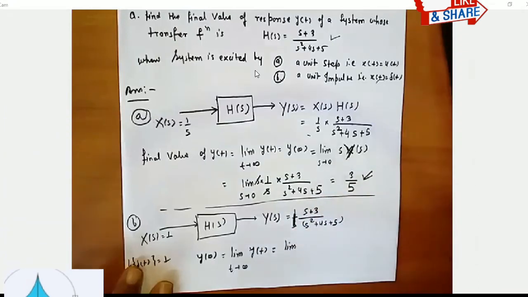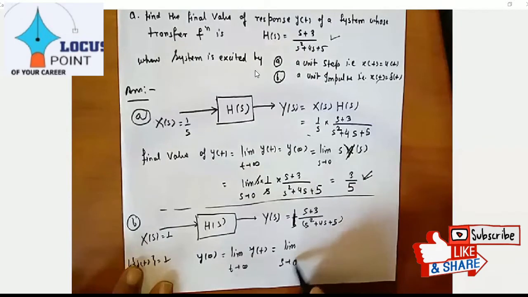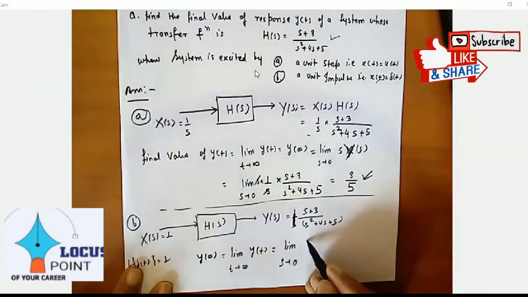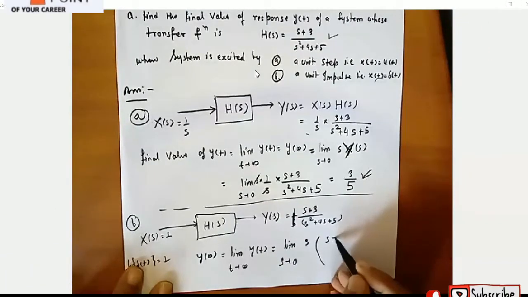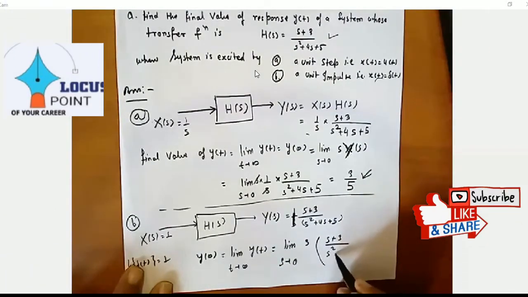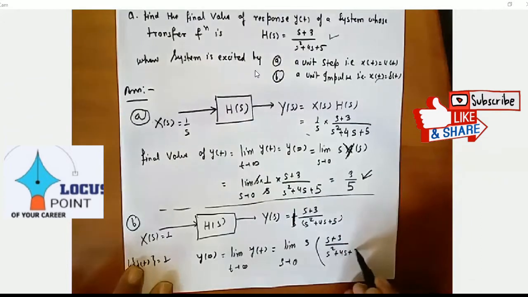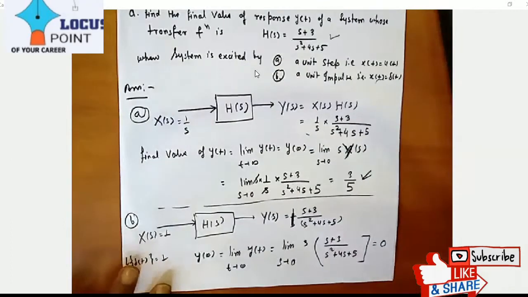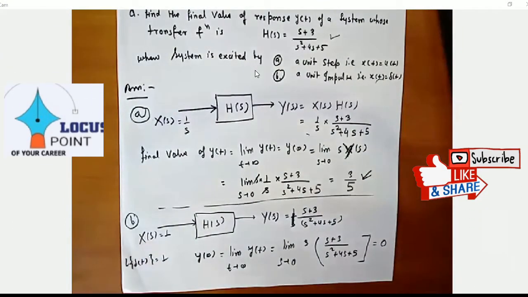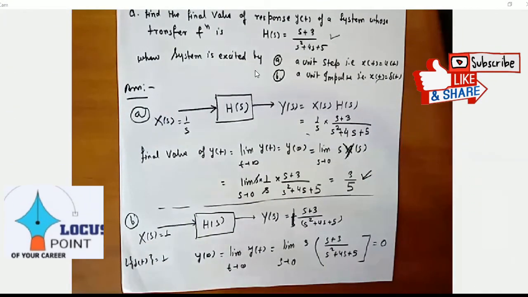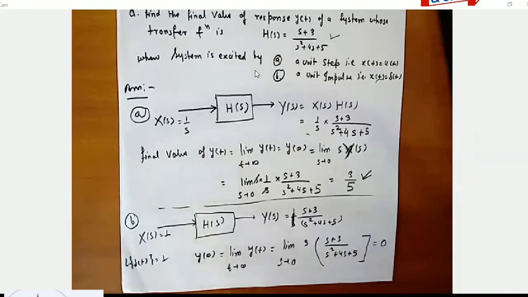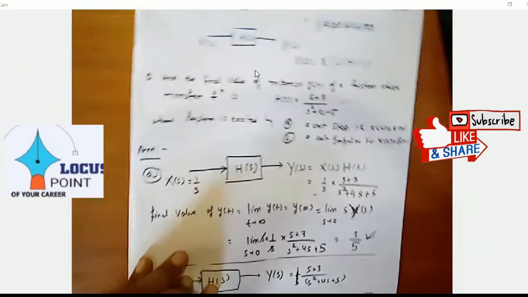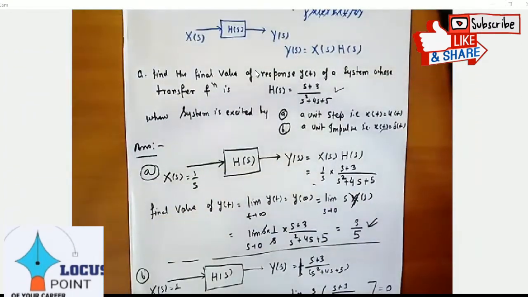You can say the limit s tends to 0 of s times (s plus 3) divided by (s squared plus 4s plus 5), because this is the final value theorem. When you solve, you will get 0 as the answer. I hope everybody understood. These are very tough questions, not easy questions. I think you should have completed this one.